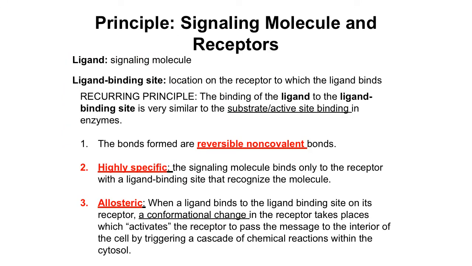So first, let's have a look at the underlying principle that relates the signaling molecule and receptors. Regardless of the distance between communicating cells, as we have seen in the previous section, in section 9.2, a responding cell receives a message when the signaling molecule binds to a receptor protein on or inside that responding cell.